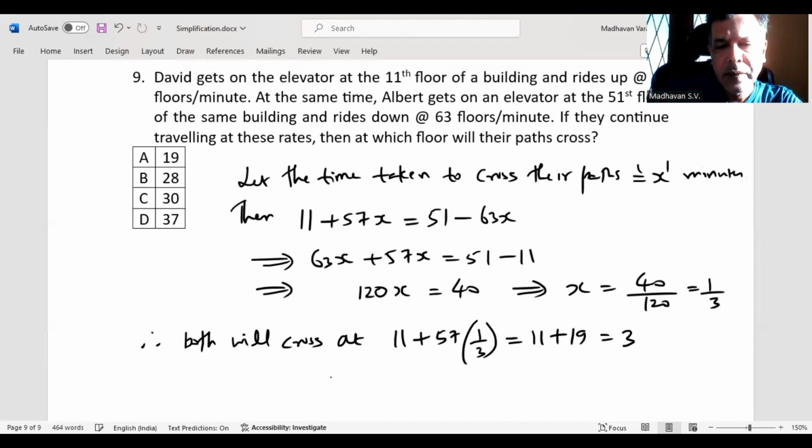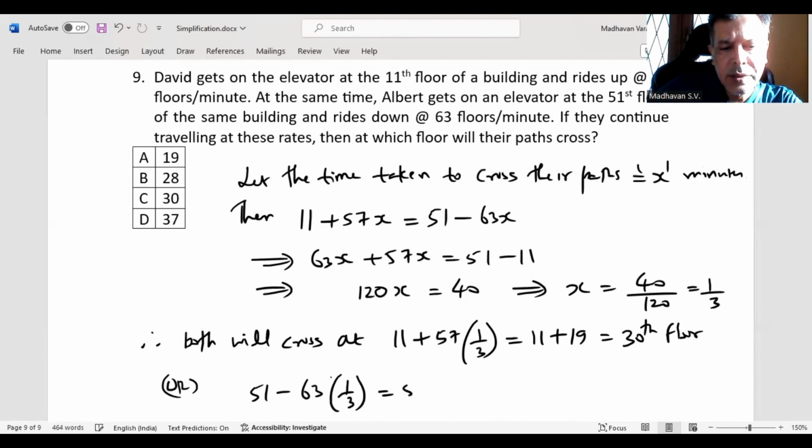So it is the 30th floor. Even if I use the right-hand side, it will be 51 minus 63 into 1 by 3, which is 51 minus 21. That will also give us the 30th floor. So that is the solution. So our option is C.